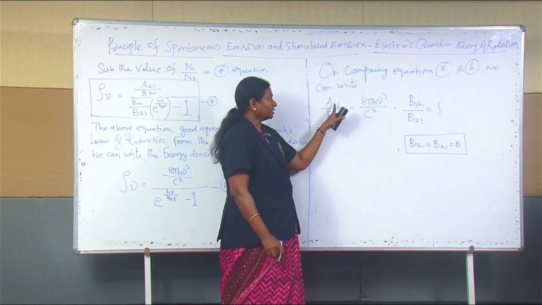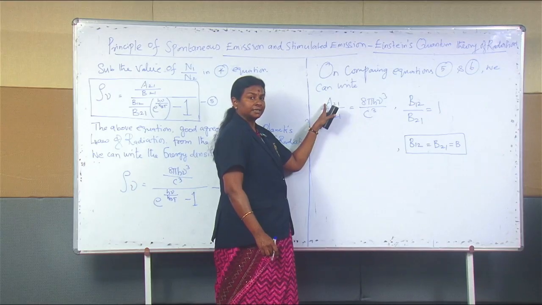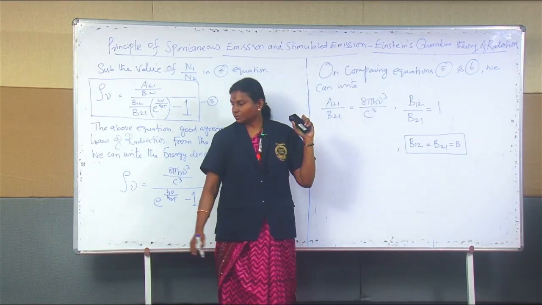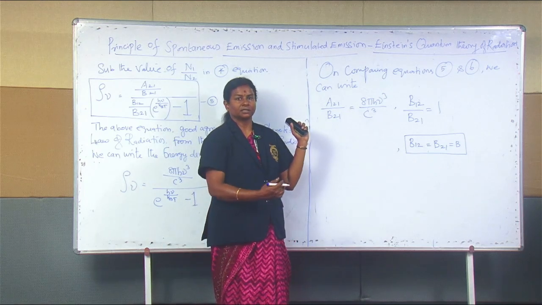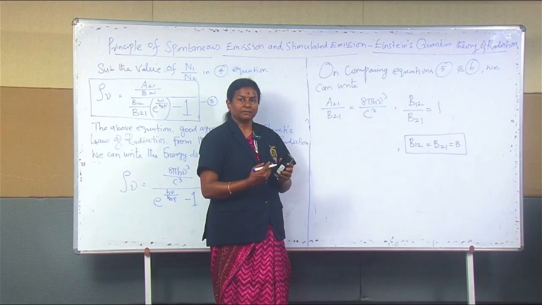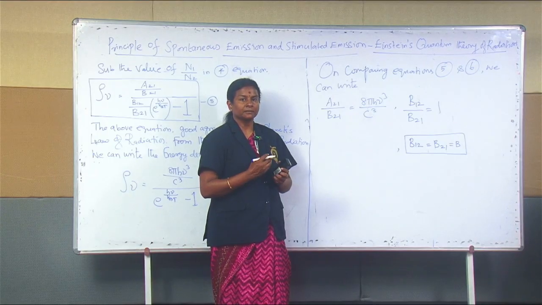Clear? And in addition to this, during the stimulated emission only, more photons are being emitted with the same energy, phase, as well as coherent in nature. So, that is the key factor for our laser action we have discussed, isn't it?